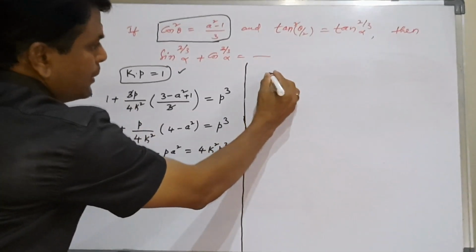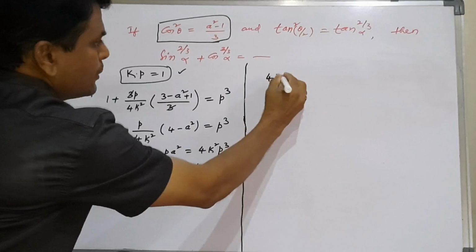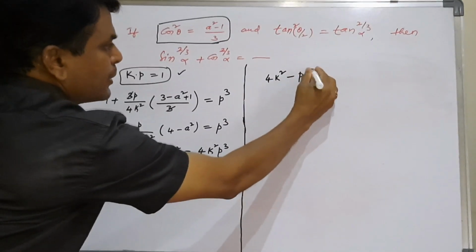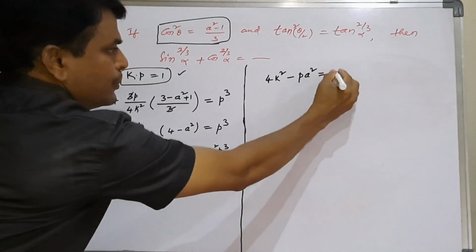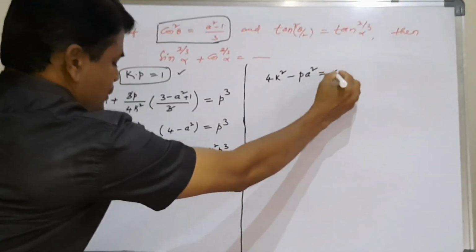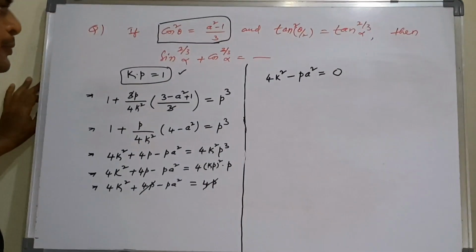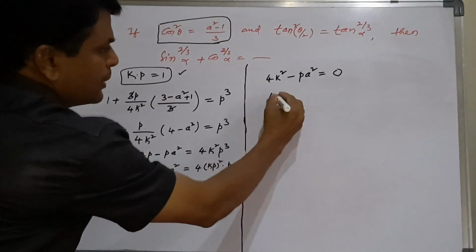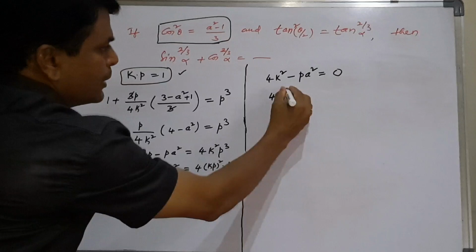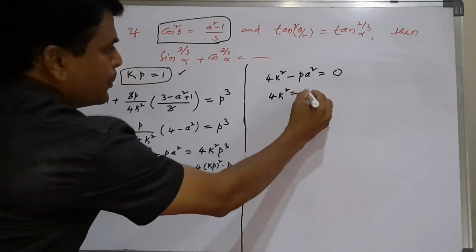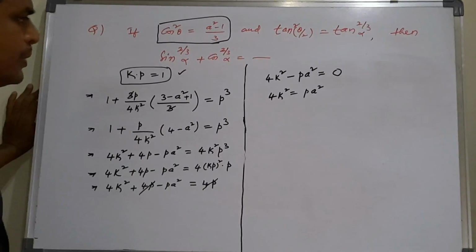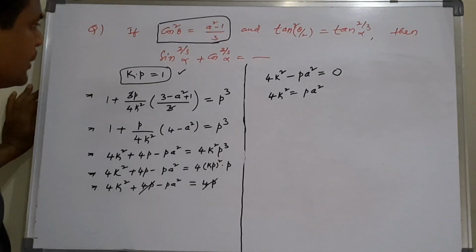Now we can write 4k square minus p a square is equal to 0. Now we can say 4k square is equal to p into a square.